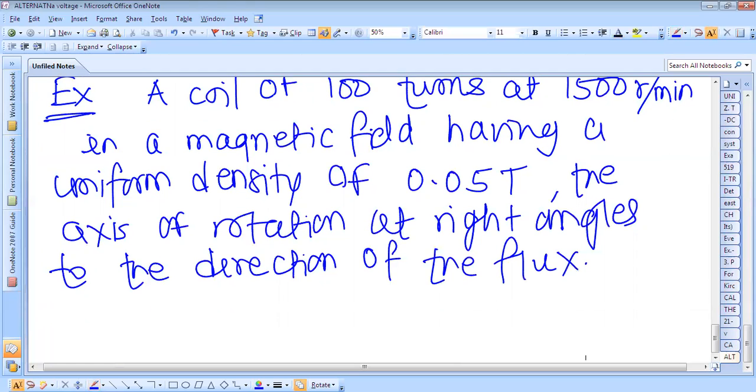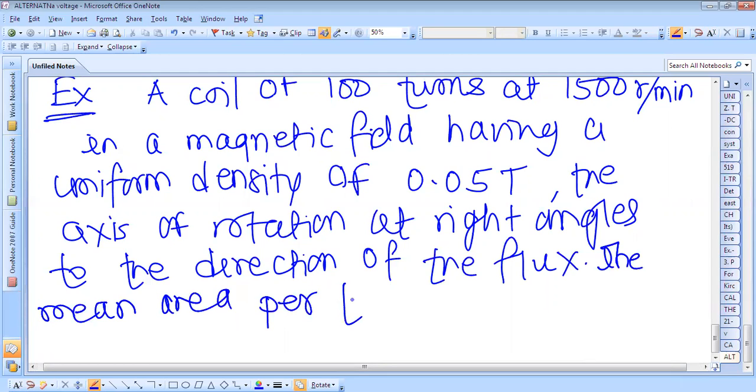The mean area per turn is 40 centimeters square.